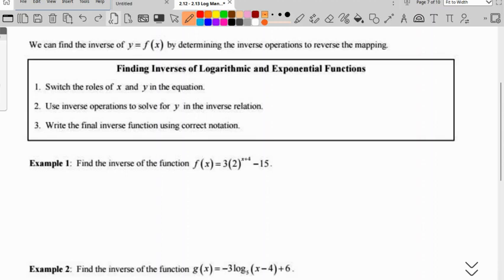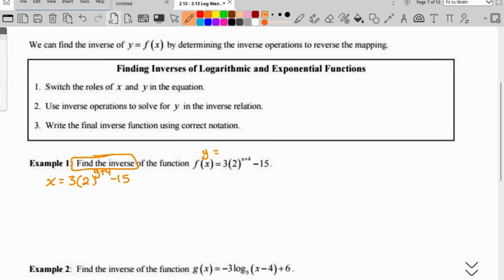Okay, it says find the inverse of the function 3 times 2 to the x plus 4 minus 15. Remember, f of x is just like y equals notation. So we're going to switch the position of x and y. I'm going to rewrite this as x equals 3 times 2 to the y plus 4 minus 15. Everybody off to a good start?